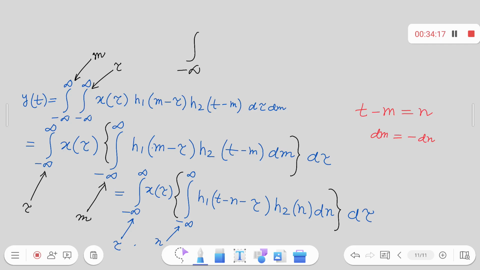h2 of n multiplied with, from minus to plus infinity, h2 of n h1 of t minus tau minus n dn. Have you ever seen this kind of integration? What is that?